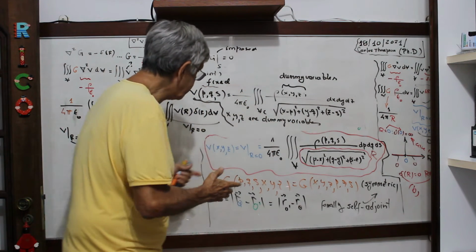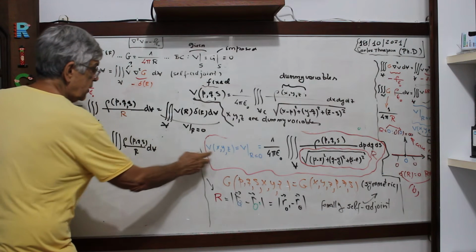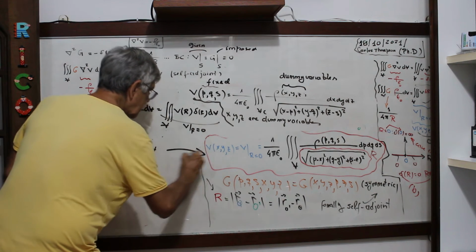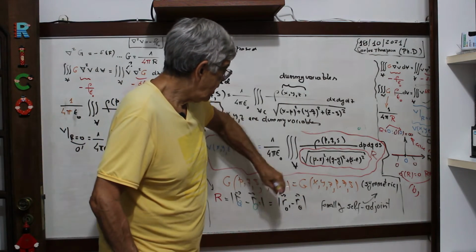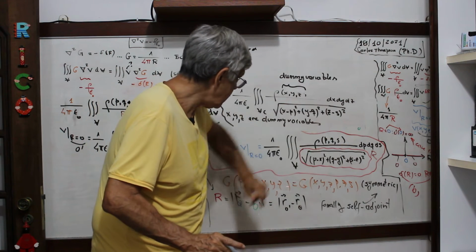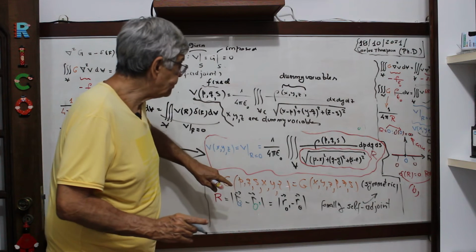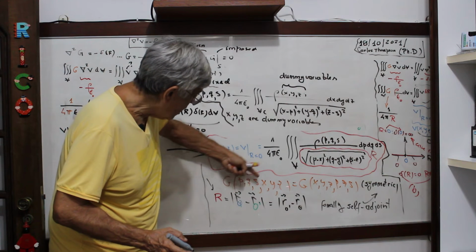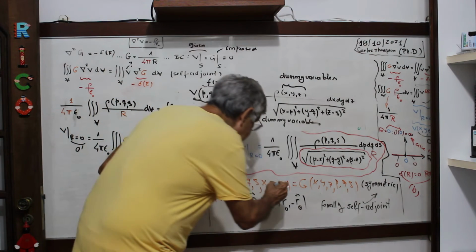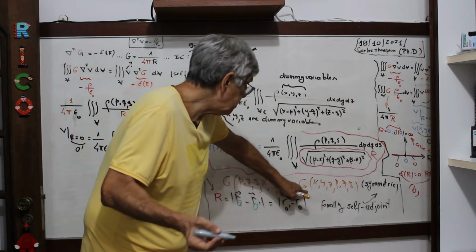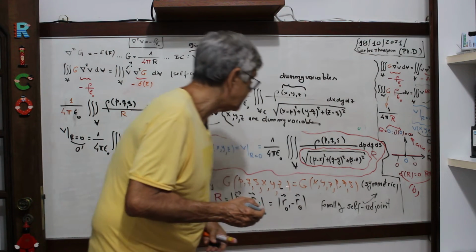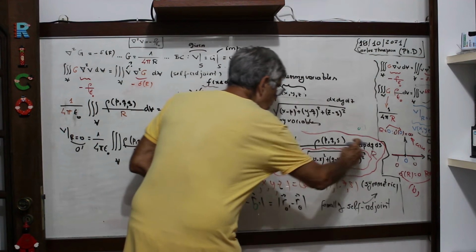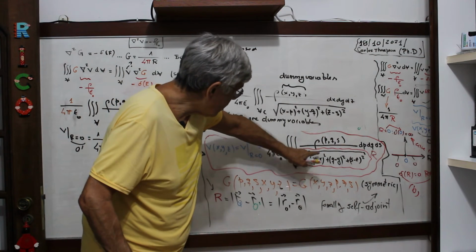Just to remind you, when you start studying Green functions, remember that in linear algebra, if a matrix is symmetric, there are some properties of symmetric matrices. Similarly, if we are dealing with a formally self-adjoint operator, G will be symmetric. Look how beautiful this is. Suppose this is my G. Now, suppose I want to check if G is symmetrical. G is a function of P, Q, S and X, Y, Z. If symmetric, it will be G of X, Y, Z, P, Q, S. You see, this square root is symmetric because I have a square over here.